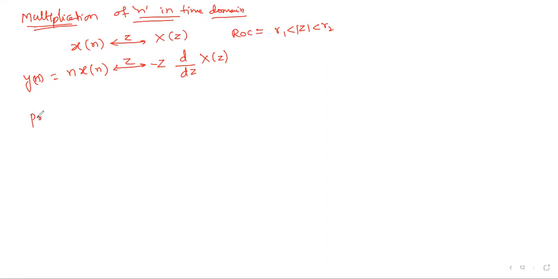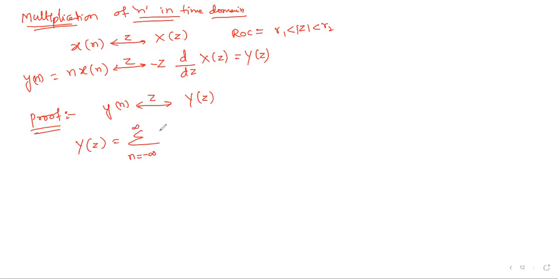How to prove this? Let us take the Z transform of y[n] to be Y(z). What is Y(z)? Summation n = -infinity to infinity of y[n] z^-n. What is y[n]? n x[n]. So now, summation n = -infinity to infinity of n x[n] z^-n. Now you need to be very careful.